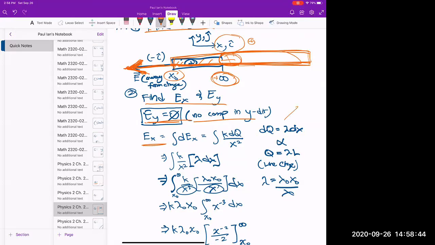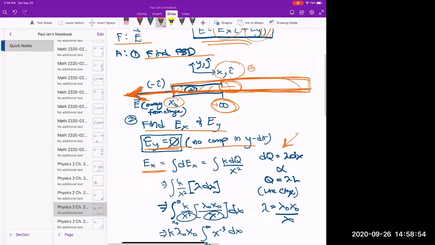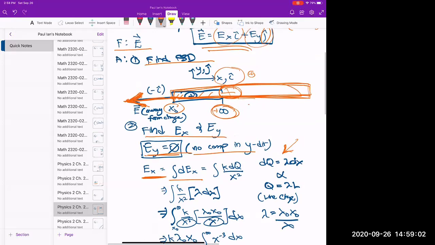This form of writing the integrals this way is very systematic, because if you're going to do this problem again in another question, the way it's written is usually like this: the E is the integral of the differential dE, and that differential is just this guy right here.